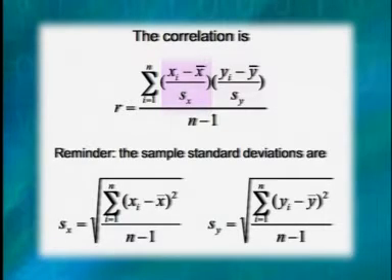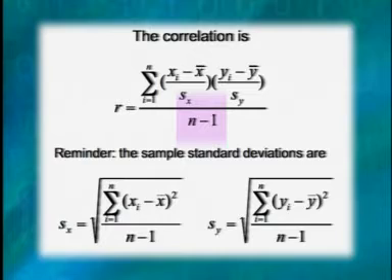Likewise, this second fraction is measuring exactly the same thing for the second component of this pair, the number of standard deviations above the mean for the vertical axis collection of data. We multiply these two things together, the z-scores from each, and add them up. Remember, this capital sigma just means add up all of the values that we get throughout all of the data. And then we take sort of an average. It would be an exact mean if we divided by n, because you have n data points. Instead, we divide by n minus 1.